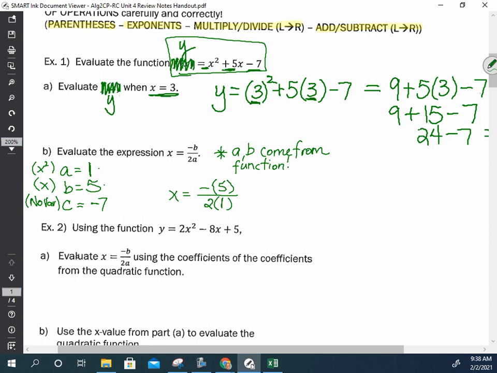So negative and a positive 5, it's negative 5. 2 times 1 is 2. And negative 5 over 2, you can leave it like that, or you can give it as the decimal, which is negative 2.5.